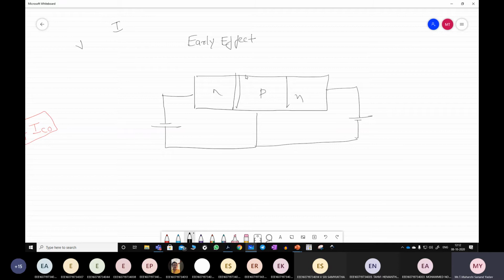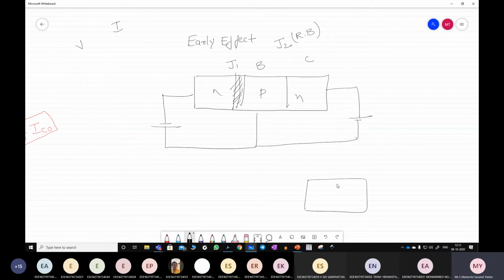As you know, junction J1 is forward biased and junction J2. Now tell me what is happening here. Junction J2, is it reverse biased or forward biased? Reverse bias. Okay, it is reverse biased. Now will the depletion region portion be more in base or collector, or will it be equal?